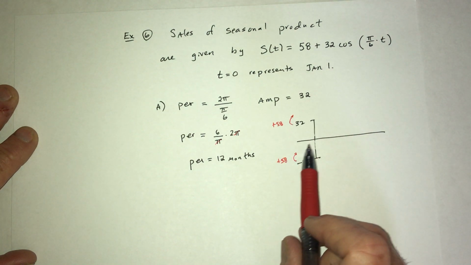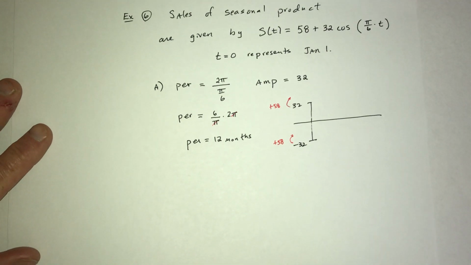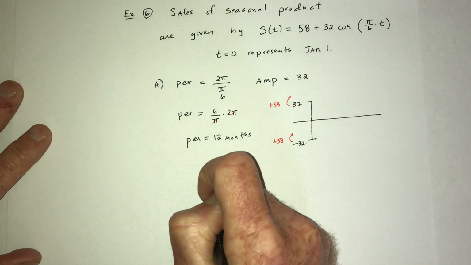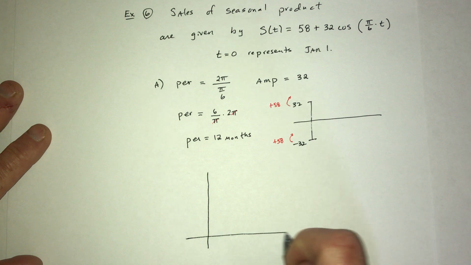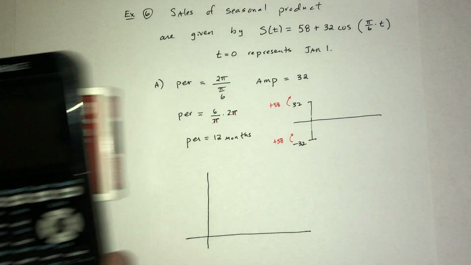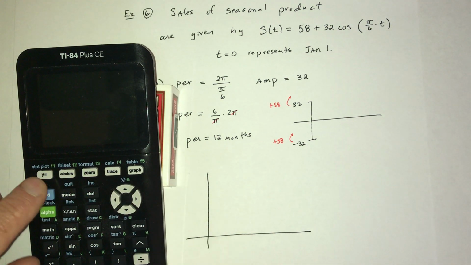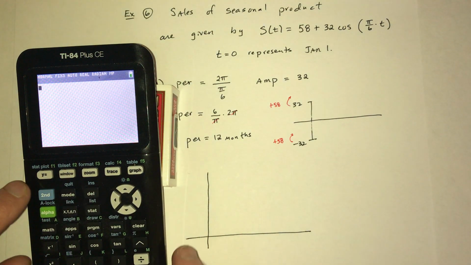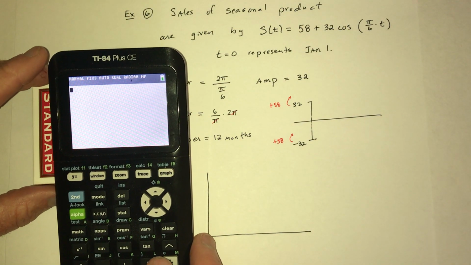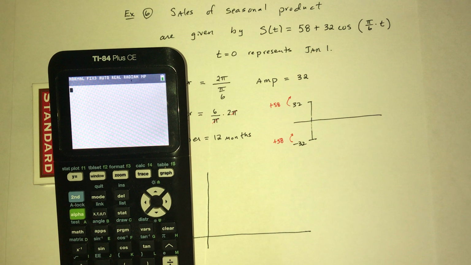So this is like my little scratch work over here, scratch paper. So let's see, how much is, calculator, wake up. How much is 58 minus 32 and 58 plus 32?